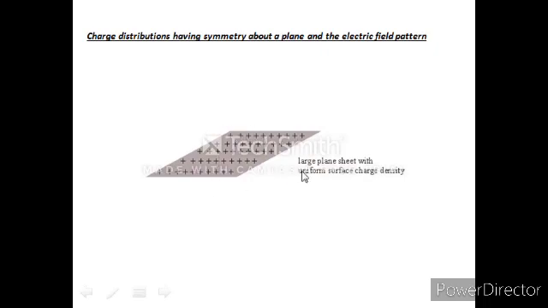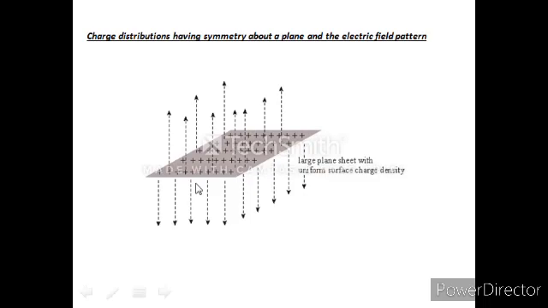This is an example of symmetry about a plane. The field lines in this case will be directed perpendicular to this sheet. In this upward direction, the field above this sheet will be directed upward, and field below this sheet will be directed downward, this way.